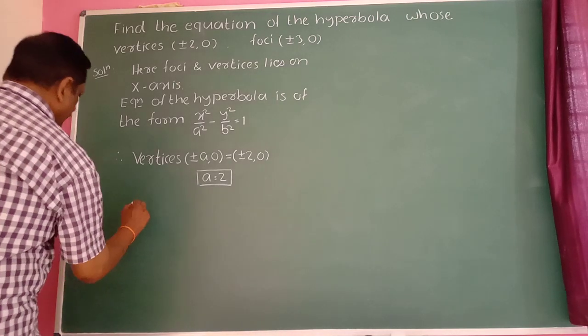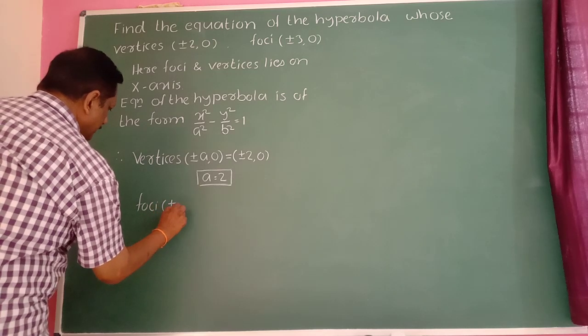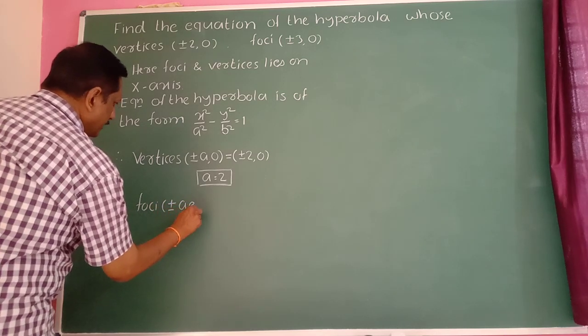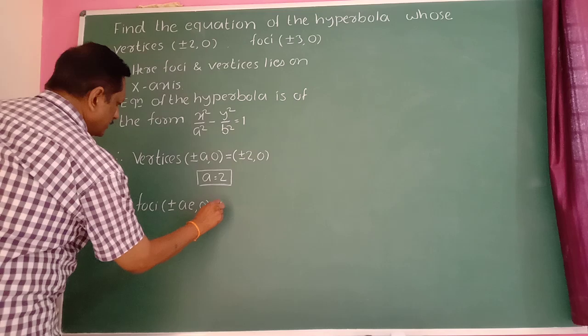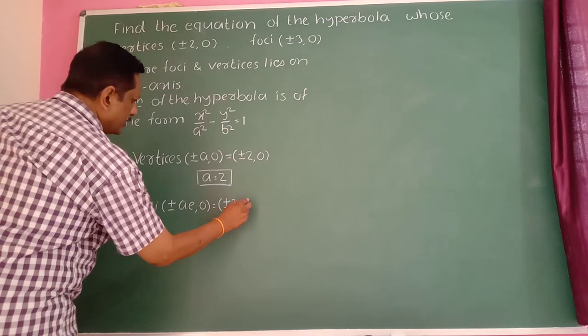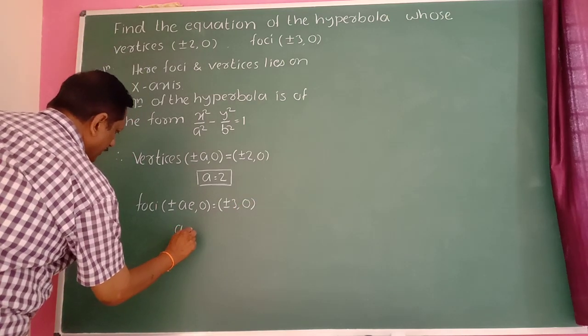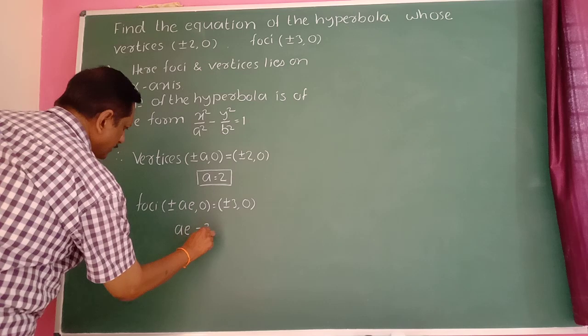Then the foci (±ae, 0) equal (±3, 0). Therefore, ae is equal to 3.